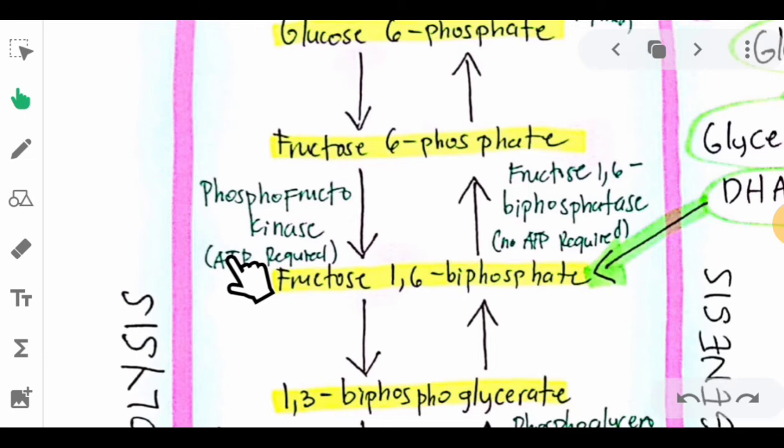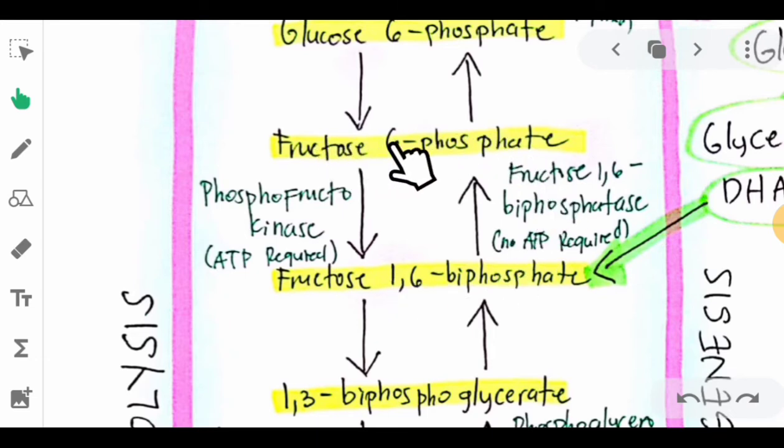The ATP will be converted into ADP, right? So a phosphate will be added on the first carbon. That is why you now have fructose 1,6-bisphosphate. Here in gluconeogenesis, no ATP is required. See the difference? Because here there will be a removal of phosphate, and then energy, of course, will be produced. So this enzyme, fructose bisphosphatase, will remove the phosphate here on the first carbon.